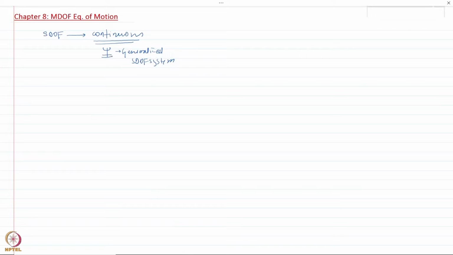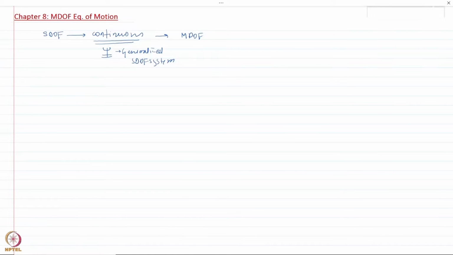However, now we are going to simplify our system to a multi-degree of freedom system, and we are going to find out the exact deflected shape using the methods of analysis in the subsequent chapters.